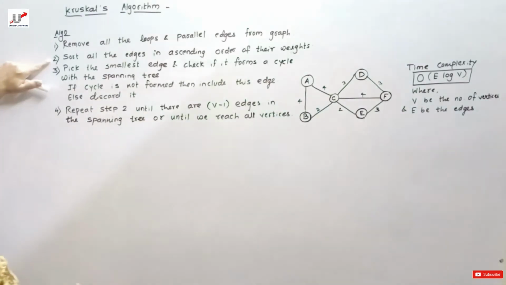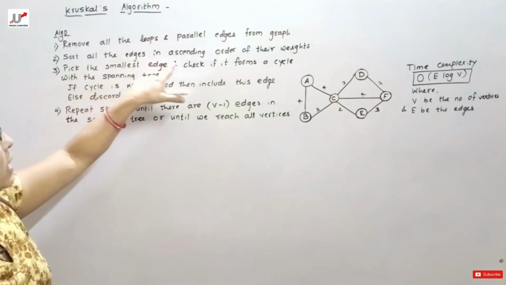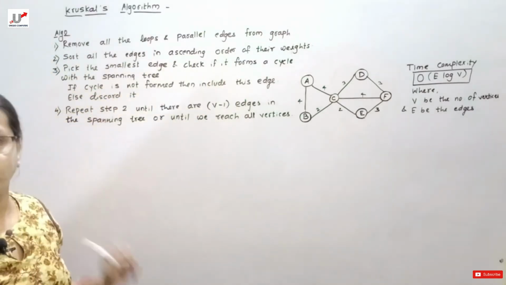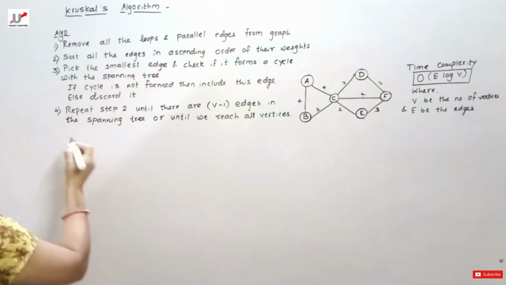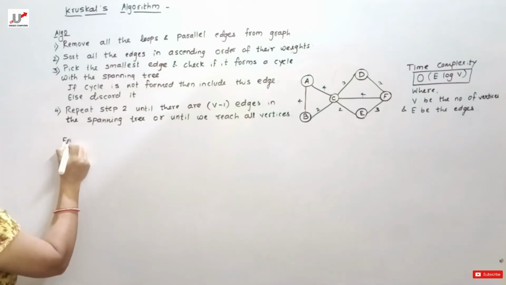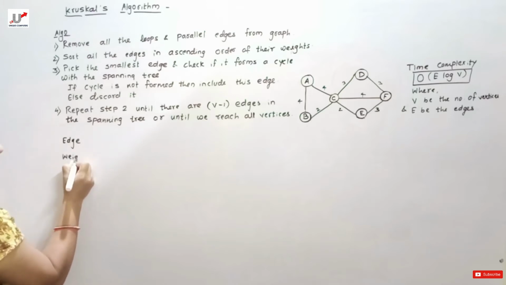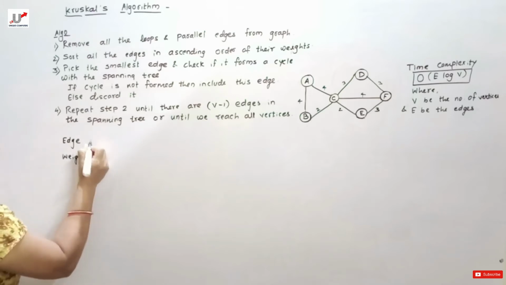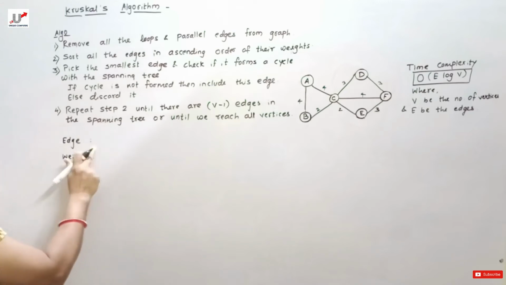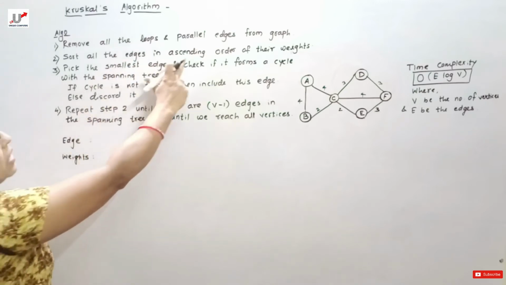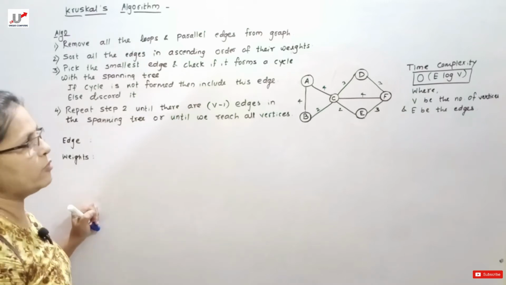Then in step number 2, we have to sort all the edges in ascending order of their weights. For that, we have to first construct a table having edges along with their weights. We have to arrange the edges in ascending order of their weights.